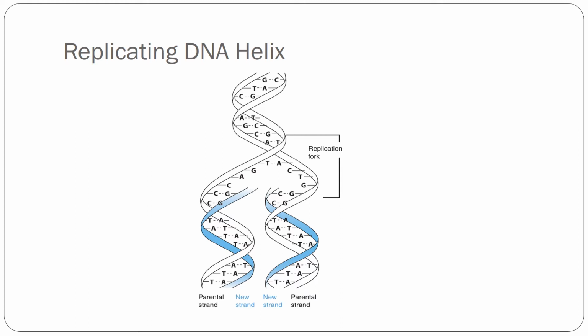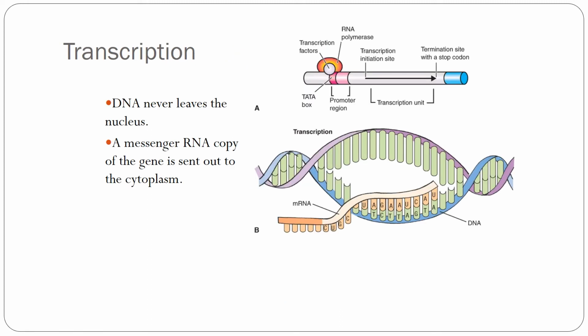So the meaningful strand attaches to another new meaningless strand, and the meaningless strand attaches to a new meaningful strand. Transcription occurs inside of the nucleus, and transcription is the initial step to get the genetic information out of the nucleus and move it to the cytoplasm for the creation and construction of the proteins.